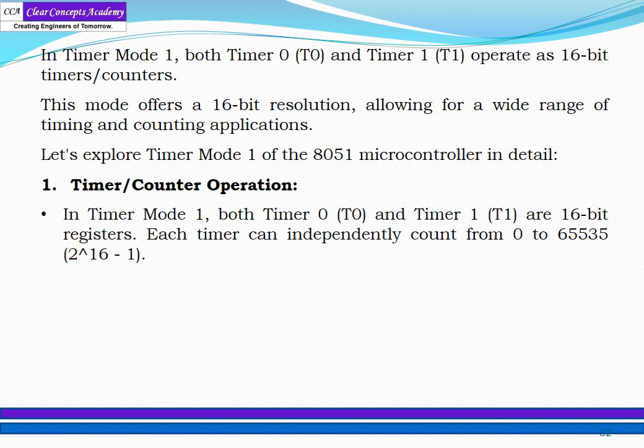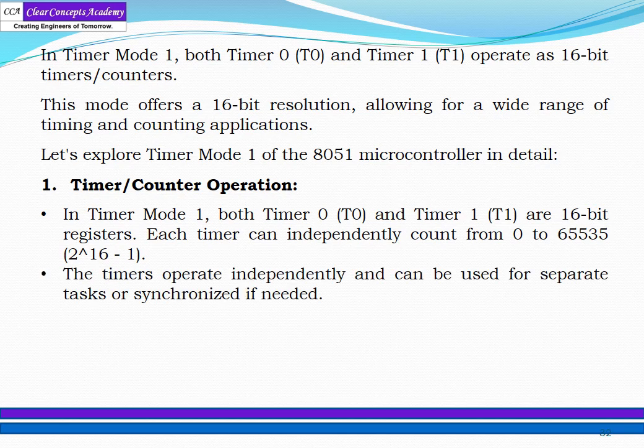Each timer can independently count from 0 to 65,535, that is 2 raised to 16 minus 1 events. External events or pulses it can count. The timers operate independently and can be used for separate tasks, or they can be synchronized if required.